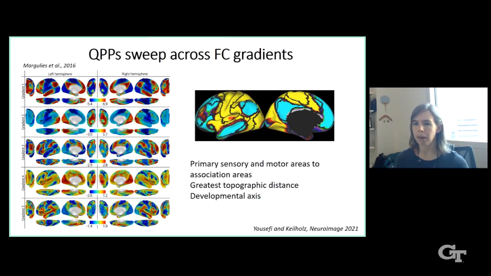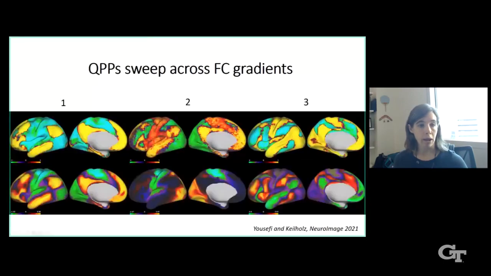So it seems like there's something fundamental about this pattern and maybe about these dynamics that we're pulling out. Now, I've only talked about the primary gradient. There are also secondary gradients going all the way up to gradient 5. And we also have secondary QPPs that match up to these gradients as well. But I'm not going to talk more about those today, really.